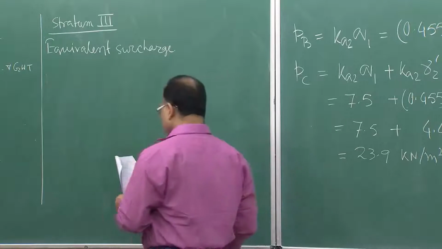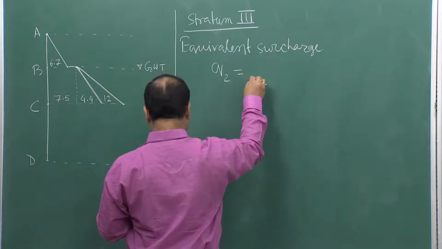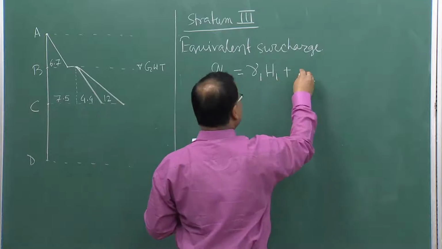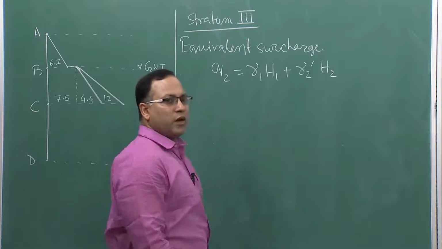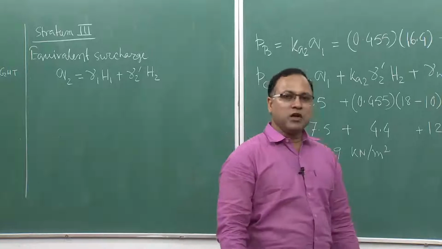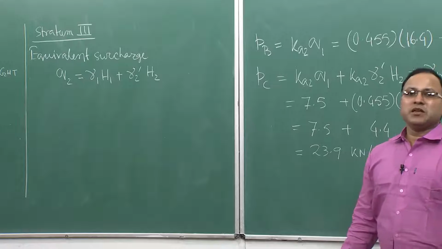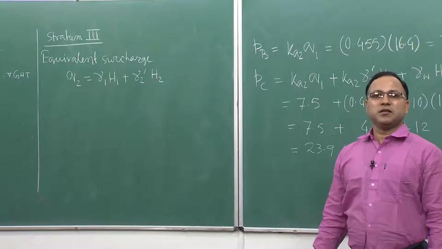So, equivalent surcharge will be Q2, which can be calculated as gamma 1 H1 plus gamma 2 prime H2, where gamma 1 is the unit weight of stratum 1, H1 is the depth of stratum 1 and gamma 2 prime is the submerged unit weight of stratum 2 and H2 is the depth of stratum 2.